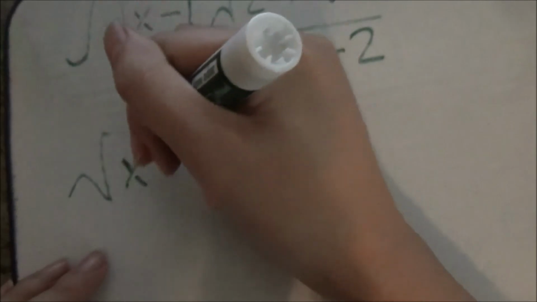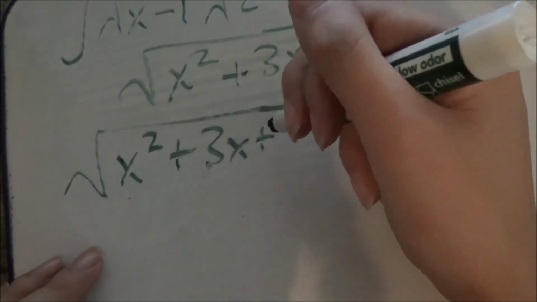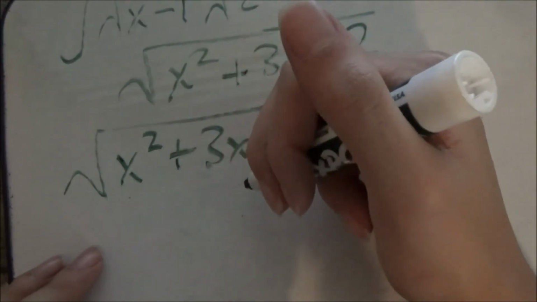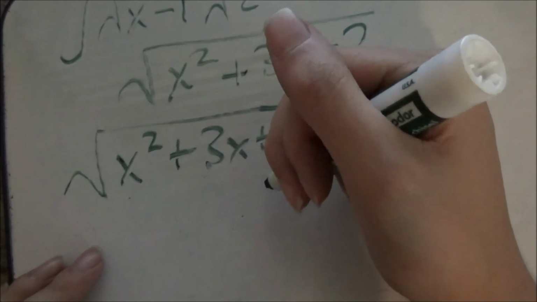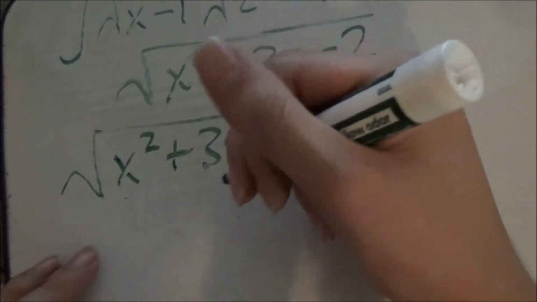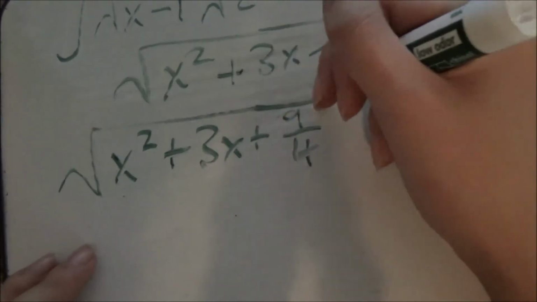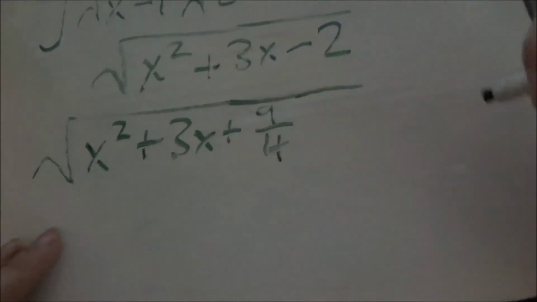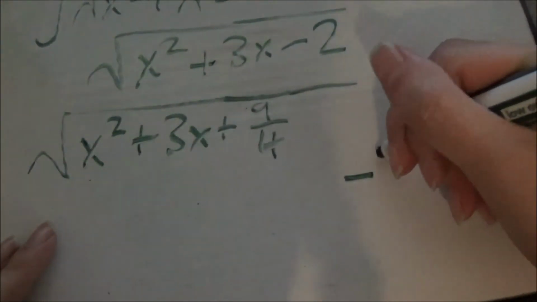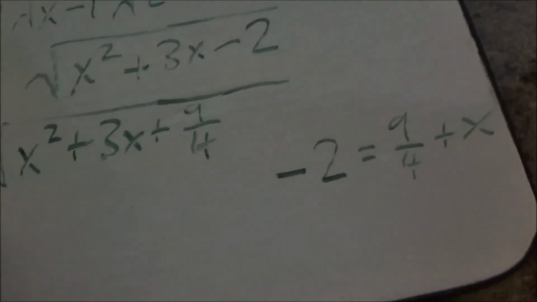This is x, let's see, 3 halves. Oh boy. 3 halves? And so you have to square that. 3 halves. Oh, why? 9/4. Okay. Negative 2 equals 9/4 plus what?